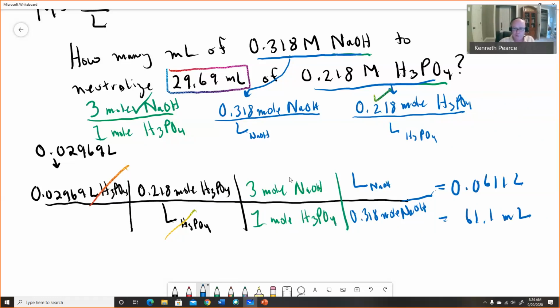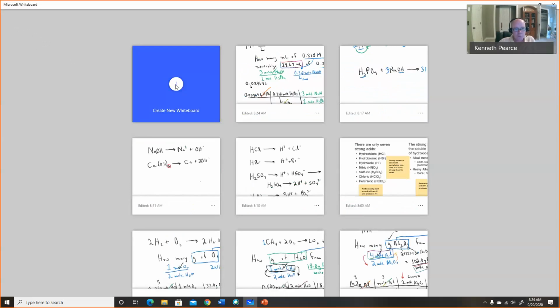And so that's milliliters of the 0.318 molar sodium hydroxide. And there you go. So now I have the milliliters of sodium hydroxide to do this problem. Okay, let's do one more example.